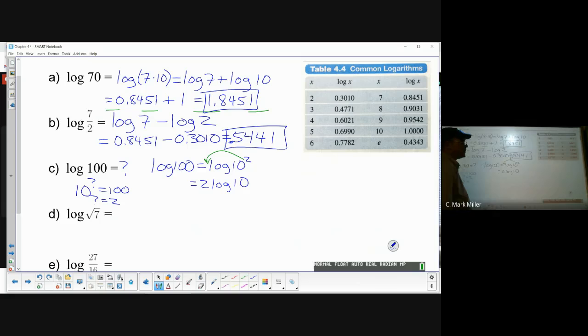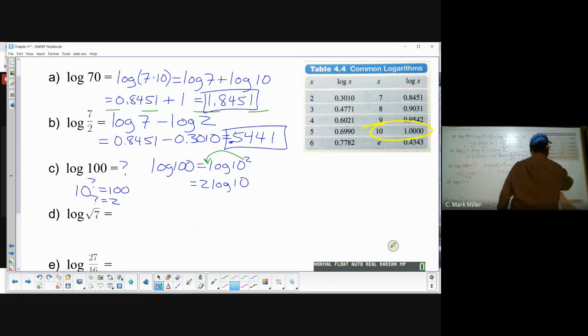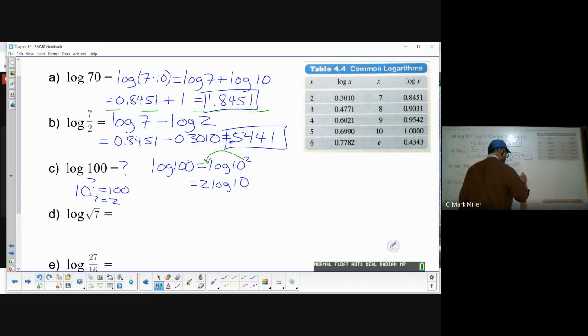And you see from the chart on the right that the log of 10 is 1, which makes sense. That's the power you have to raise 10 to get 10. You remember, log without a base is log base 10. So this equals 2 times 1, which is 2. So either way.